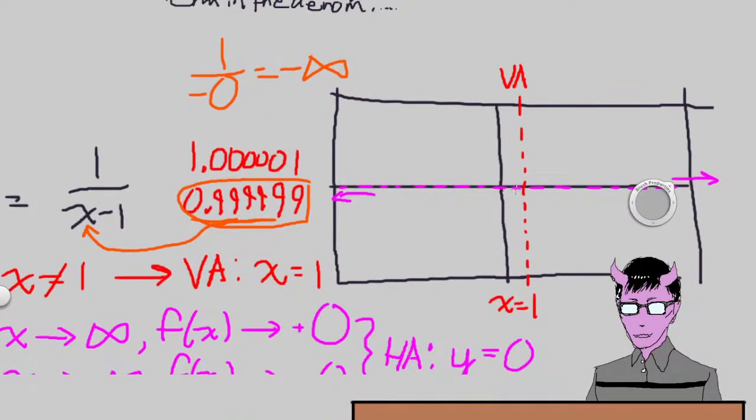If we plug in a value that's very close to 1 but is less than 1, then our y values begin to explode downwards. Because if you divide 1 by a negative value that's almost 0, your y value gets absurdly large. That's why I'm representing it using negative infinity. Again, this is not truly 0, it's almost 0, which is what this negative means when I write it down.